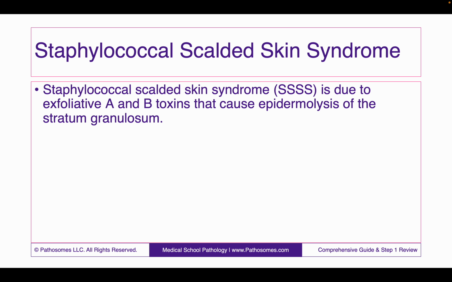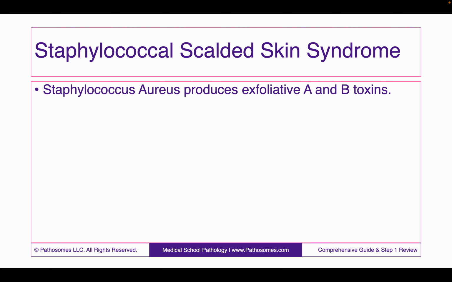Staphylococcal scalded skin syndrome is due to exfoliative A and B toxins that cause epidermolysis of the stratum granulosum. Staphylococcus aureus produces exfoliative A and B toxins. That's important to remember.